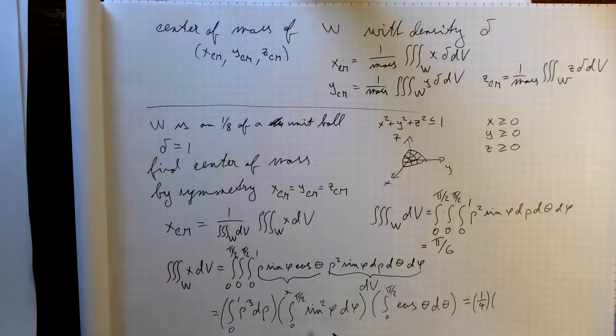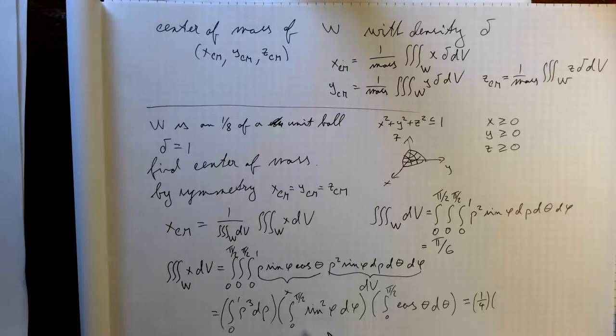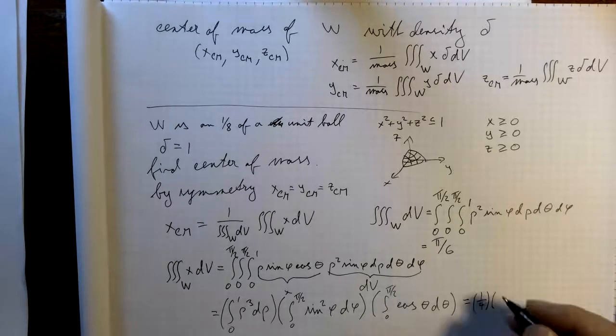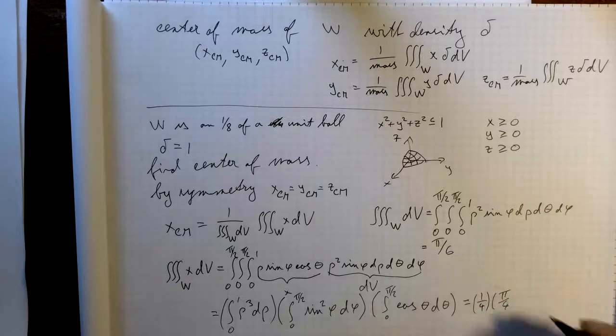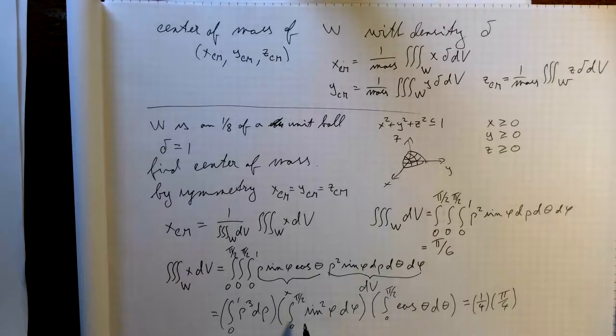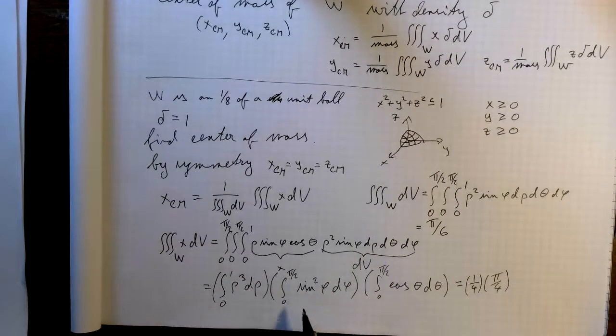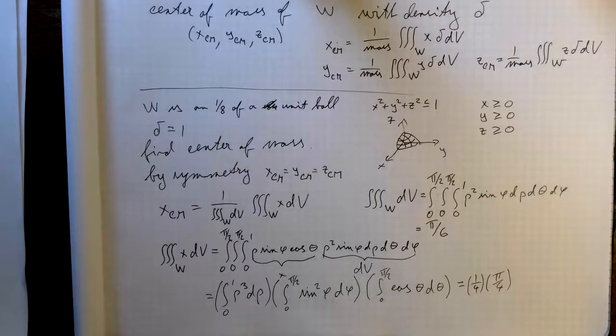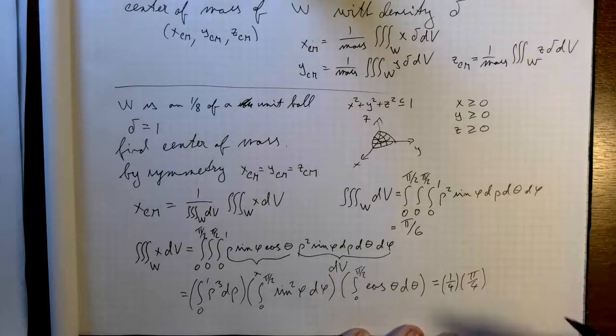Let's see which one is next. The phi one, you can check that this is pi over 4, and you again use a trigonometric identity to rewrite the square, but I'll leave that up to you. This is just calculus 2. And finally, what do we get out of the cosine? We actually get 1 over here.